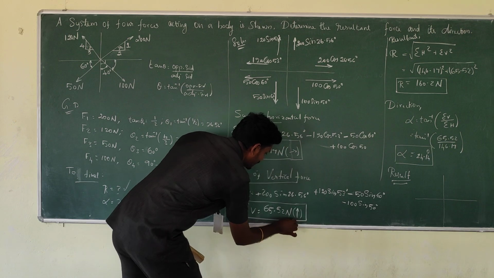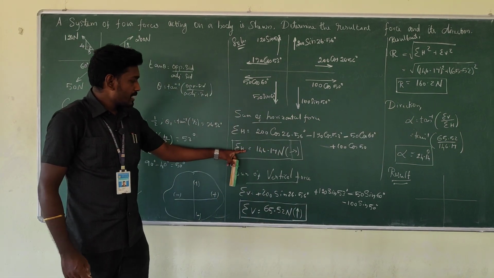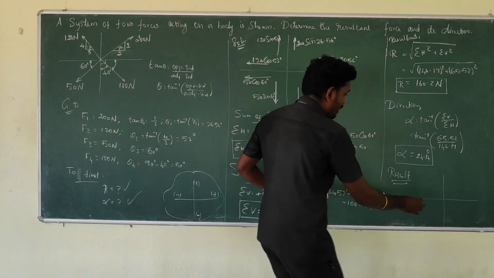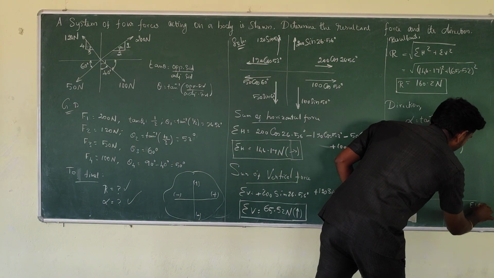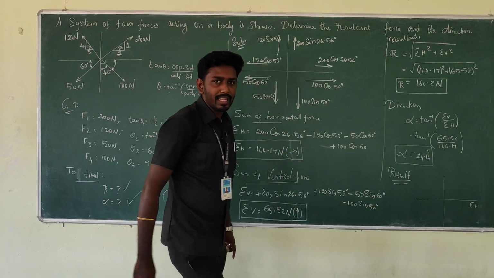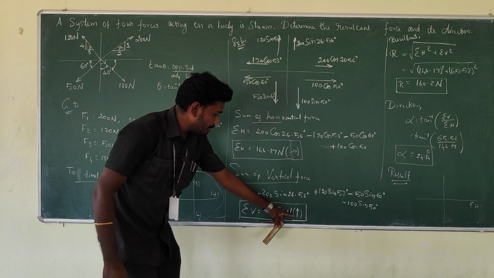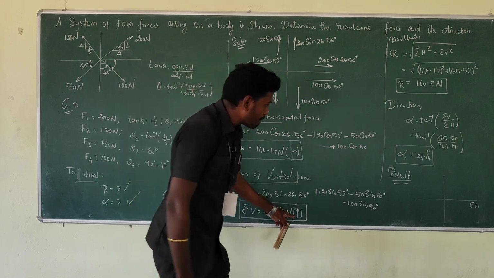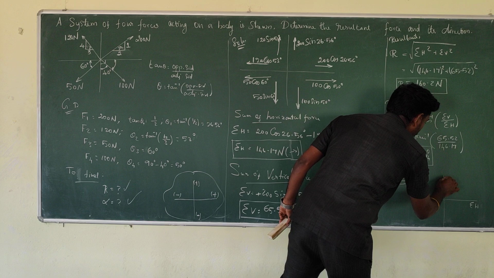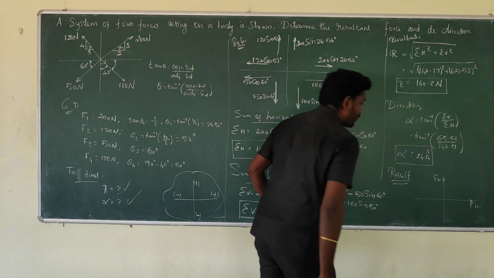So it has been already identified from these values. So summation of H is somewhere here, directing to the right, positive direction, and summation of V is directing upward. So summation of V is somewhere here.